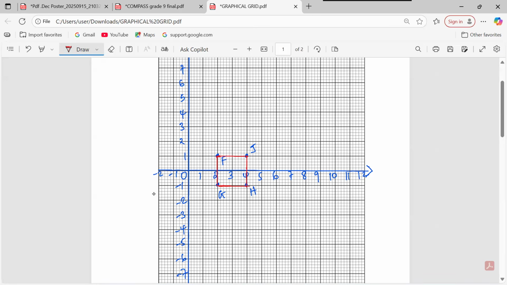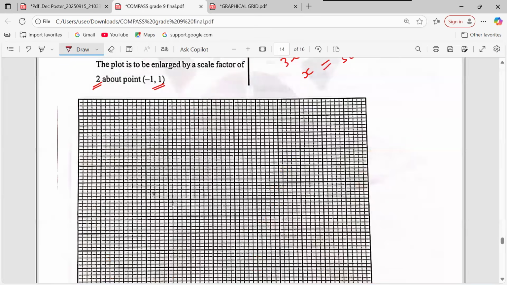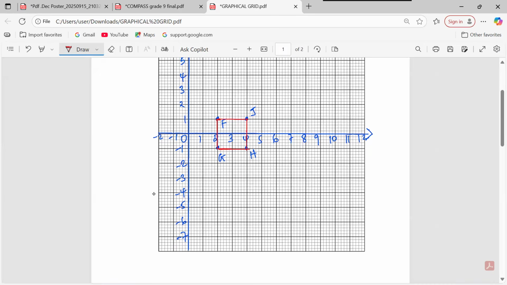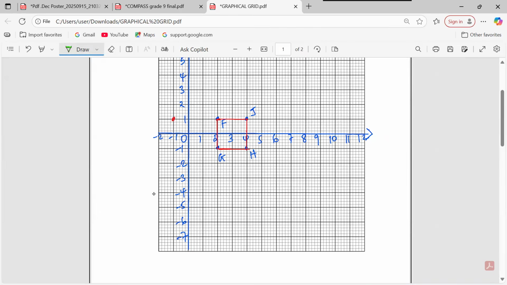Then now we are supposed to enlarge it at a center, negative 1, 1. So this now becomes our center for the enlargement. How do we enlarge when the scale factor is positive 2?